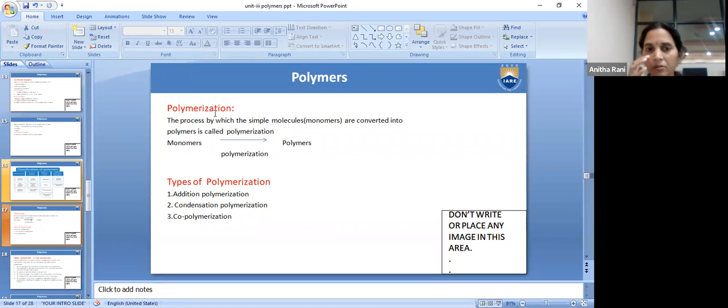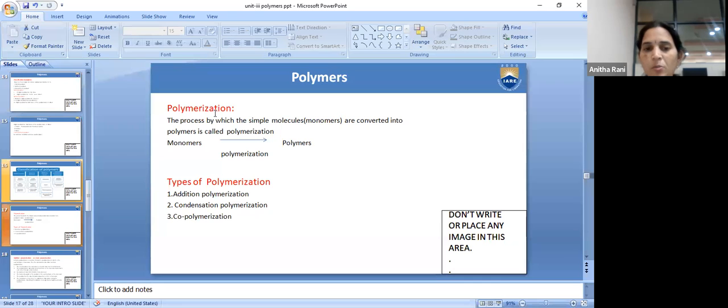So write this topic now: polymerization. Write down polymerization.